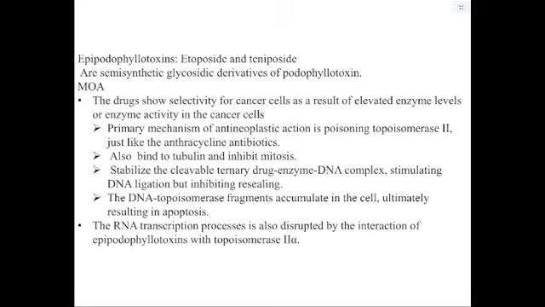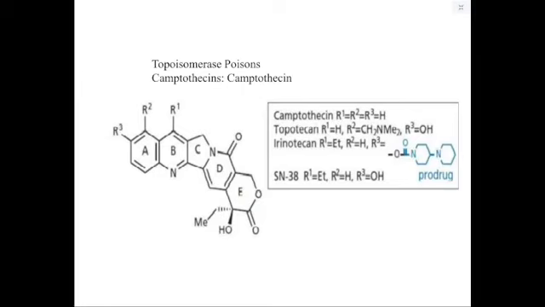They are topoisomerase poisons, so they will form this complex and cause the breakage or the inhibition of the topoisomerase enzyme. And once they do that, then of course you will not have mitosis. And the minute you do not have mitosis, the cell will not divide and the cell will just die.